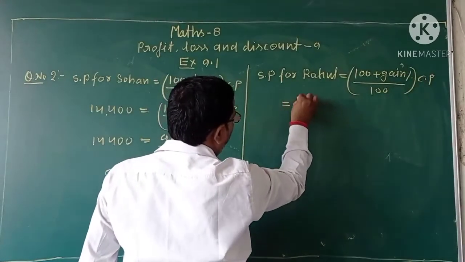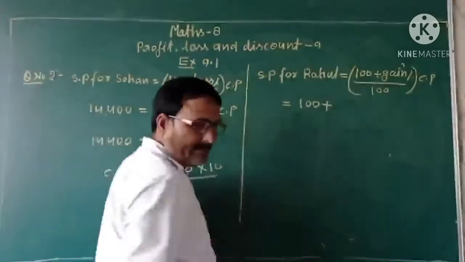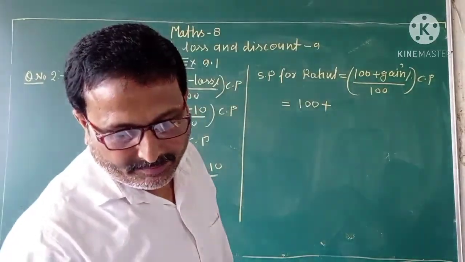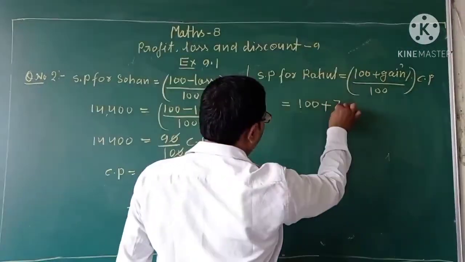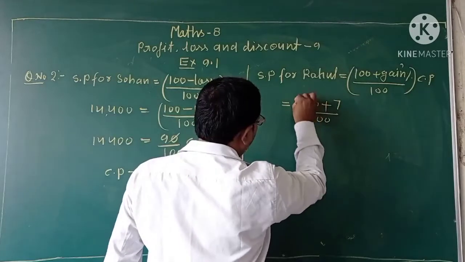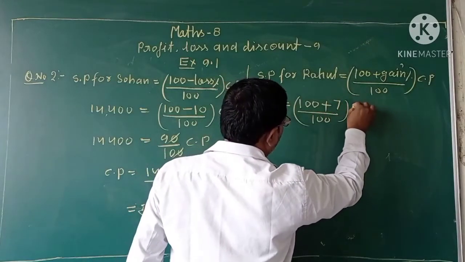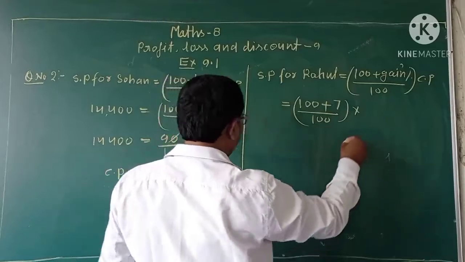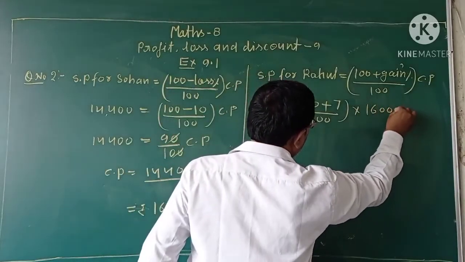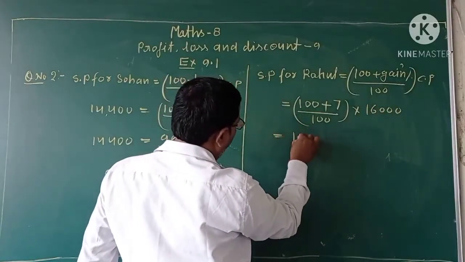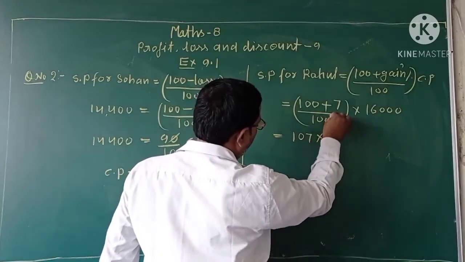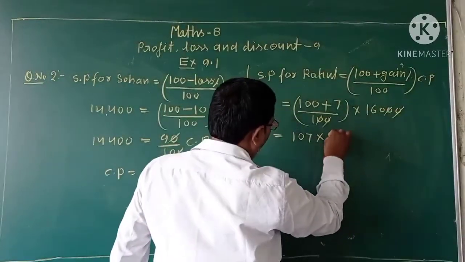Gain is 7% given, 7 upon 100 into CP 16,000. 107 into 160.